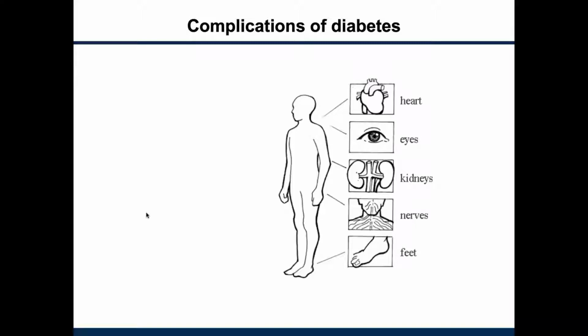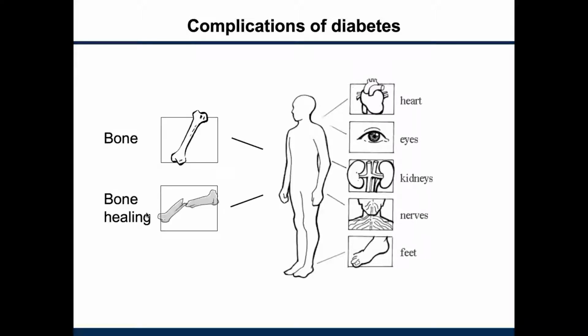And recently, of course, we also have appreciated that the bone is a target of complications of diabetes. So on the one hand, we have the increased fracture risk, but on the other hand, also bone healing is slower in diabetics compared to healthy individuals.